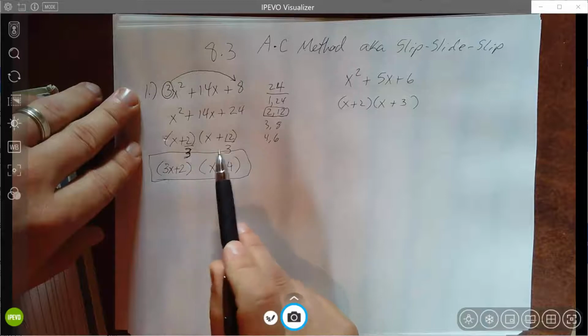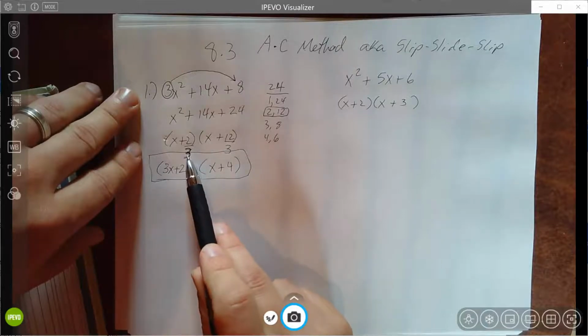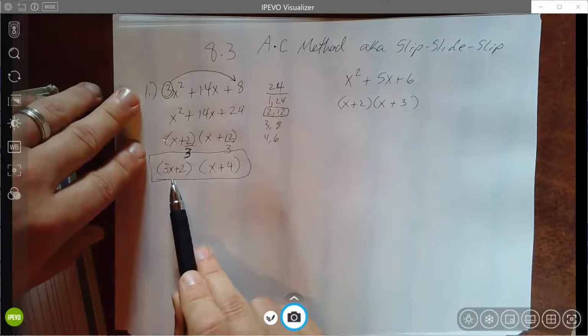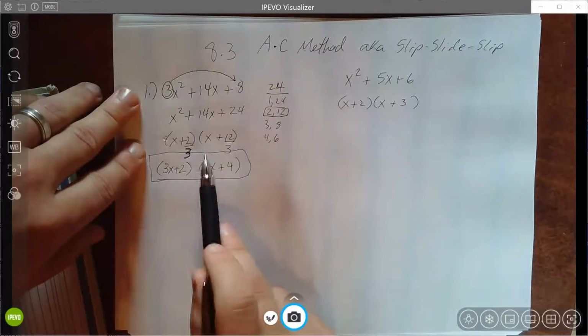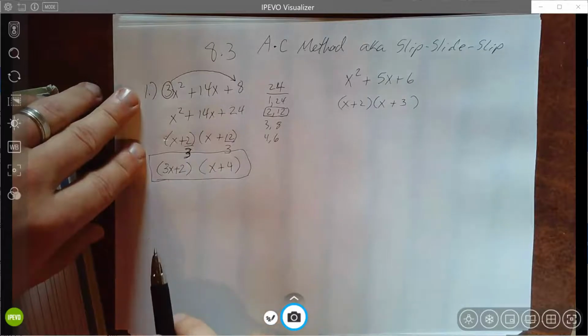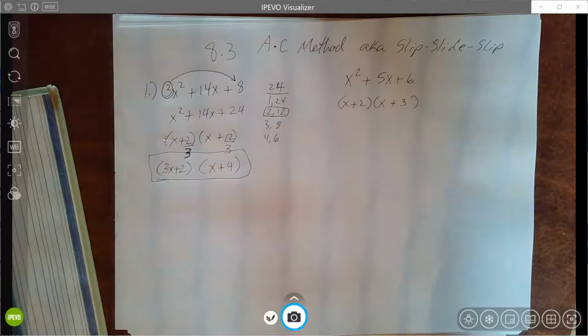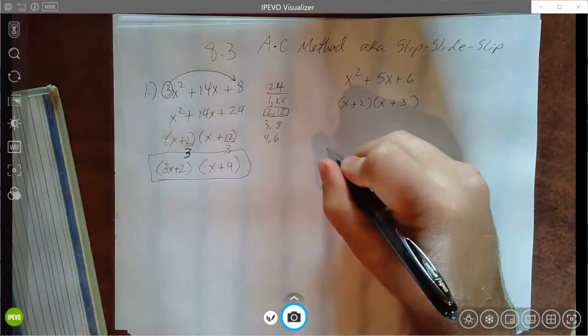And then finally, after you reduce, if there's still a number on the bottom, you slip that number back in front of that x. Slip it down there, slide it under, and then slip it back in front. Slip, slide, slip. So that's certainly one good way to teach this. Let's do another.